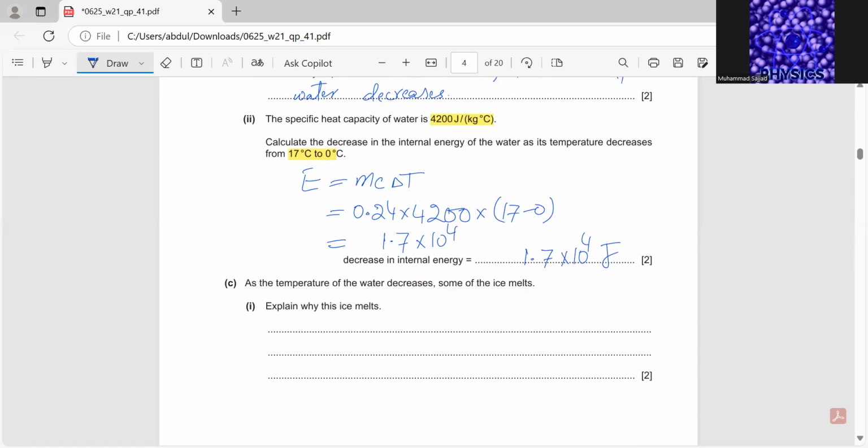As the temperature of water decreases, some of the ice melts. Explain why this ice melts. So we can say thermal energy is absorbed from water and that's used to break the bonds between the ice molecules.